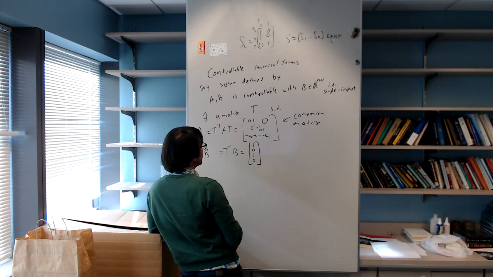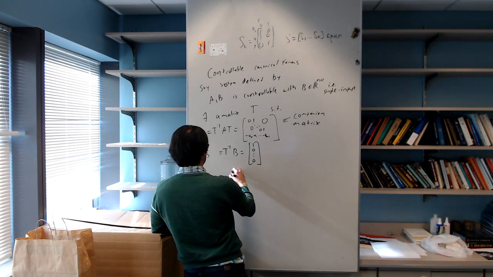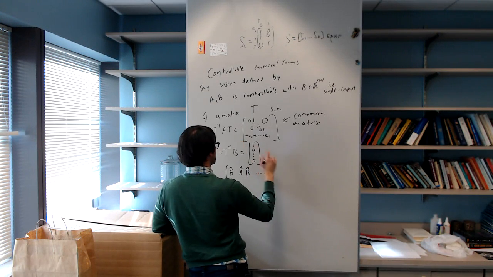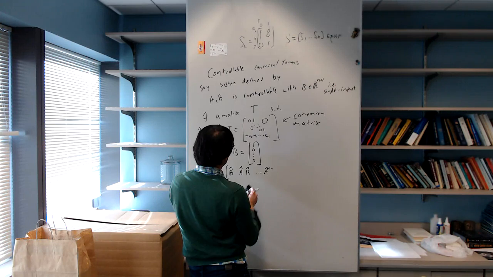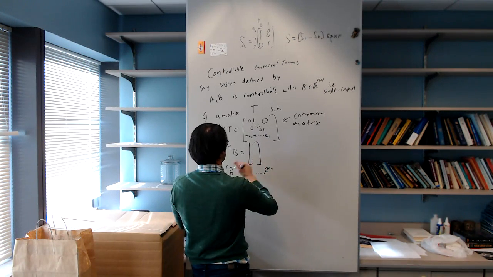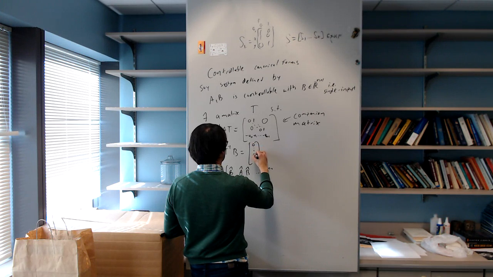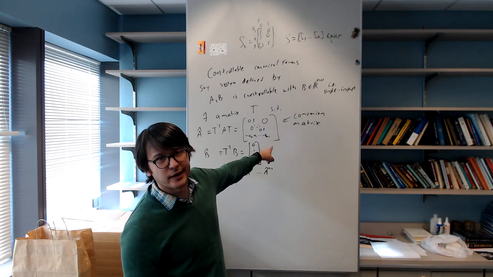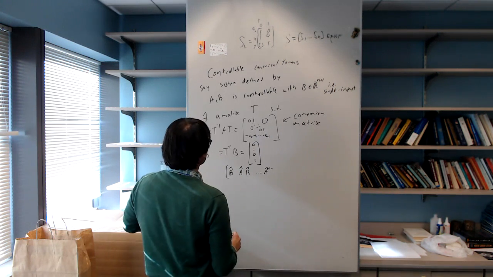So what is going to be B hat, A hat B hat, up to A hat to the n minus 1 B hat? I need to put this thing down in here. Sorry about this. 0, 0, 1. So it's actually important that that be down there. Sorry about that.